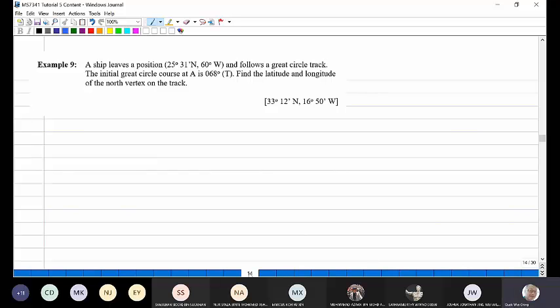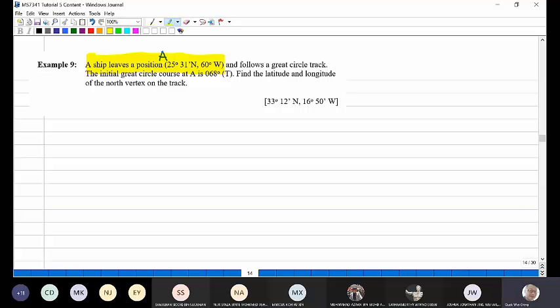A ship leaves position A, 31 degrees north, 60 west. So this is the ship here. Let's call this point A. This is telling you where it is moving, leaving this position, and following a great circle track.